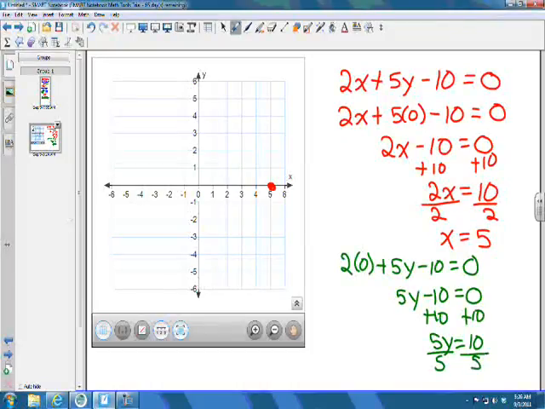Divide by 5 this time, and y equals 2. So where does y equal 2? Where do I go from the center? Up 2. Put your point. And draw your line. Questions on those?